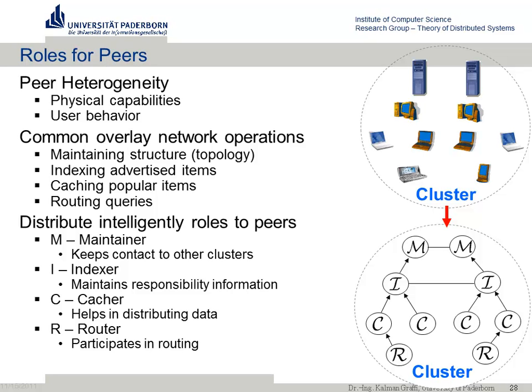And you can also match peers by their capacities to these roles. For example, for the cacher it would be good to have strong peers, with high bandwidth, but they don't have to be online so long. The indexer is more crucial to be online, or have large storage space, so that you keep the relevant information always in the network.